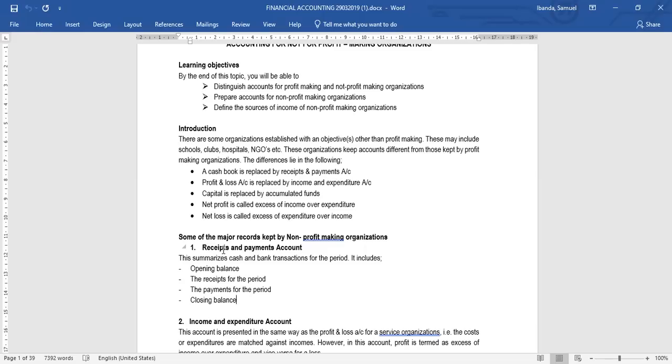An amount of money that has come in and an amount of money that has been paid out is recorded within your receipts and payments account. But just like the cash book, a receipts and payments account will always have an opening balance. And this opening balance is just like your bank statement.